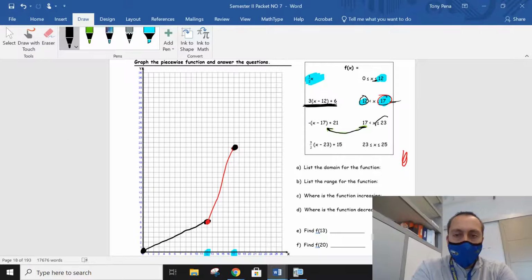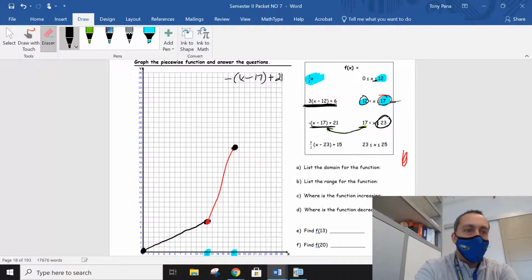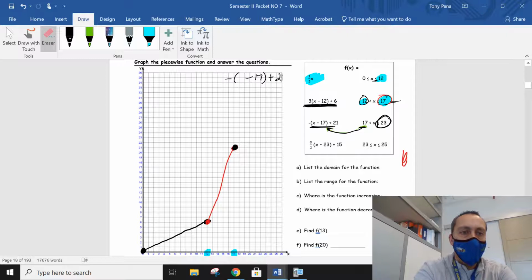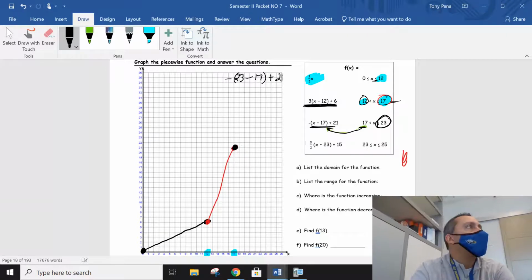Give us whatever we get at 23. So now we have to take this negative and then x minus 17 plus 21, and we have to evaluate it at 23. So let this x be a 23. That should give us a negative 6 plus 21, so that we end up with a 15.